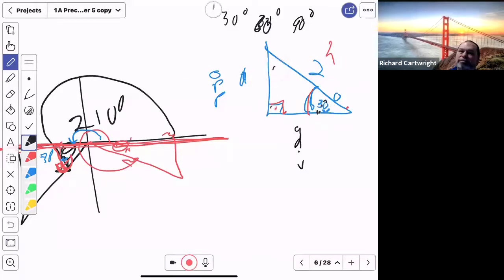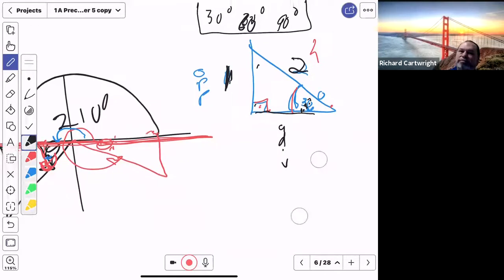So this is a special triangle, and across from the 30 is always a 1, and the hypotenuse is always a 2. And the adjacent side next to the 30 will always be, let me see, does anybody remember? Isn't it a 1? No, the 1 was actually across.